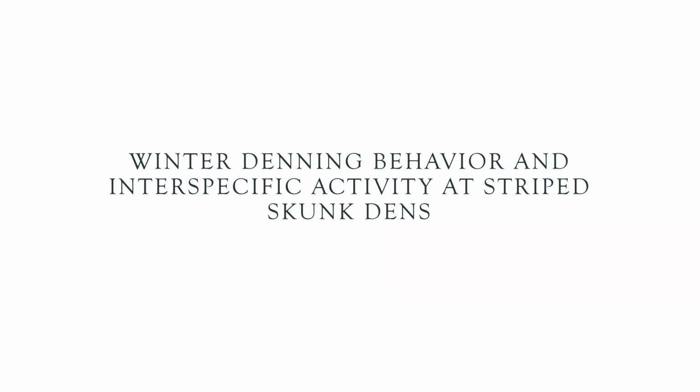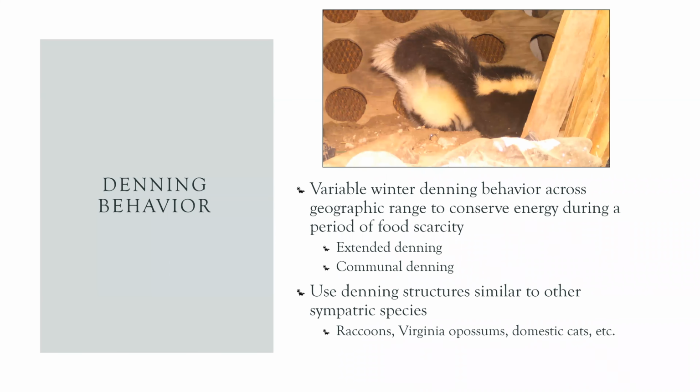And so with that, let's go ahead and jump into my first chapter, which again focused on winter denning behavior and interspecific activity at striped skunk dens. Striped skunks exhibit variable winter denning behaviors. They occur across this super large range that has really different climatic conditions.